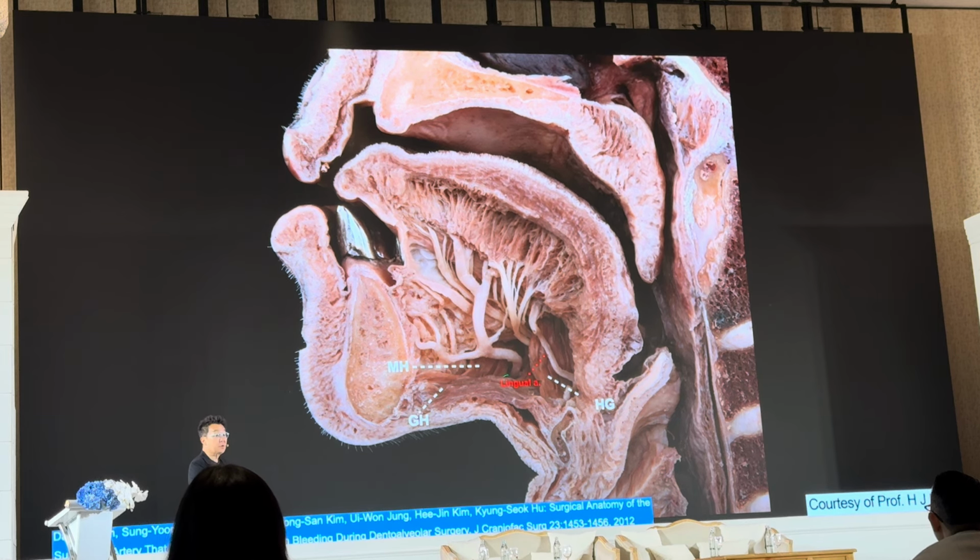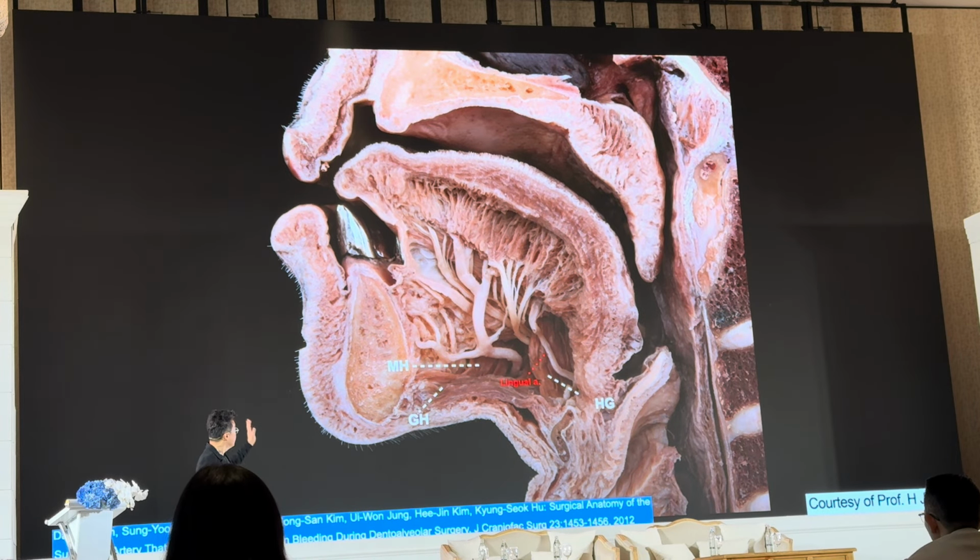So big vessels cross and penetrate the mylohyoid muscle, supplying the tongue as a lingual branch. Definitely, it is the facial artery. So in most cases, the facial artery penetrates the mylohyoid muscle to become the sublingual branch.